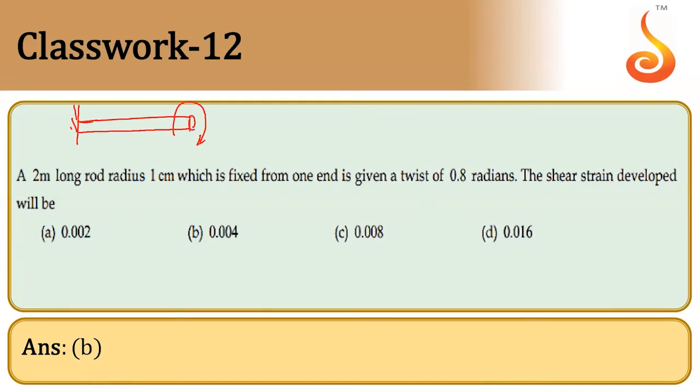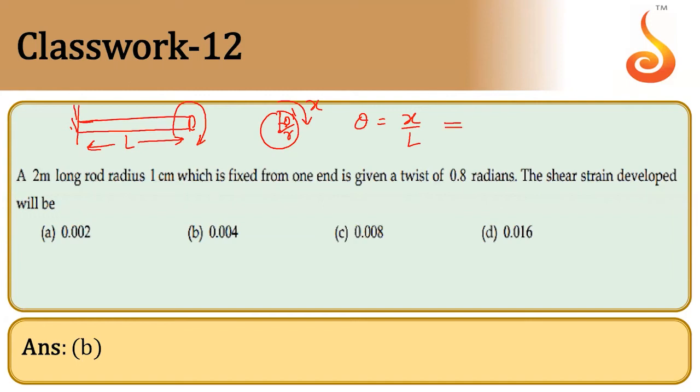This is the cross-sectional view. Theta dash is the twisting angle and r is the radius. So shear strain theta equals x by L, where L is the length. I gave this formula yesterday.